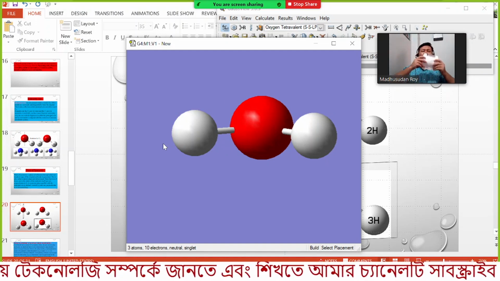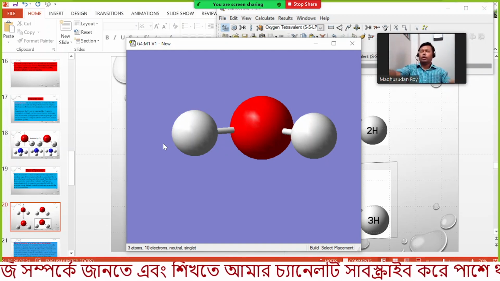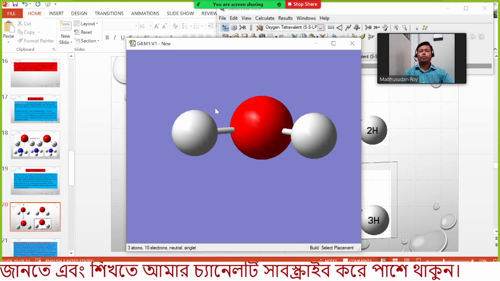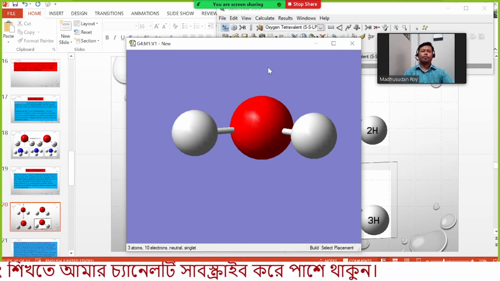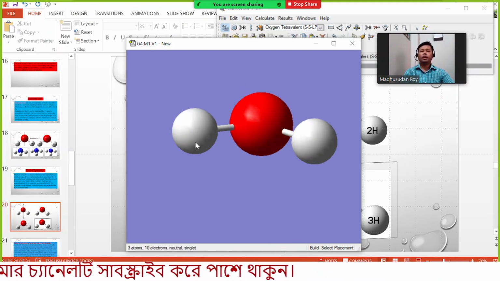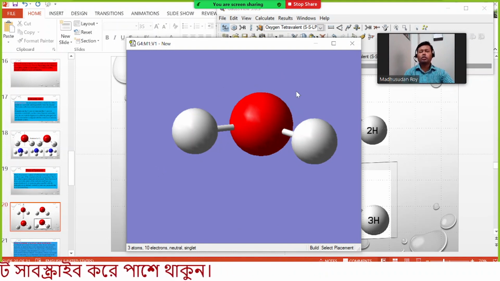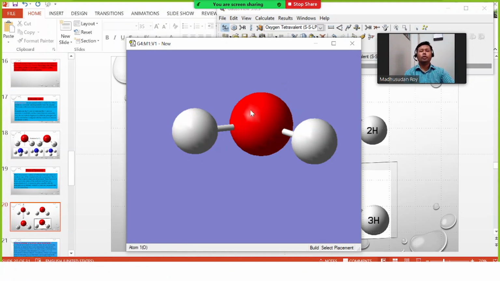If you put one mirror at the top or below, you will get exactly the same, identical molecule.